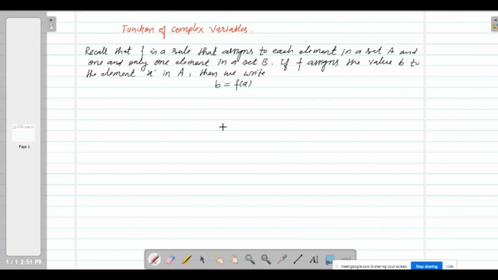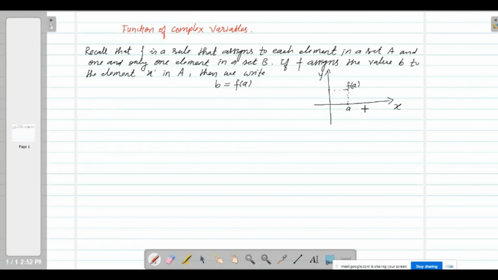Suppose we have the real axis and this is the imaginary axis, this is x and this is y. Suppose point a is here. For each element a there corresponds a function value f of a. For each a you will find a unique value.